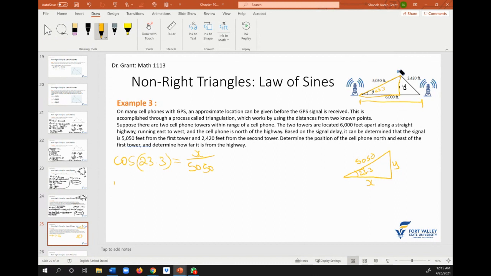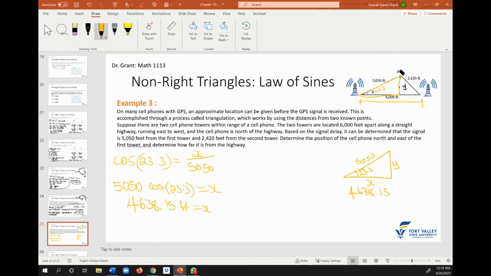So if I do cross multiplication, that means 50-50 times cosine of 23.3 will give me x. Now plugging this in my calculator, we'll get that 4,638.15 feet is x. So that's going to be my x.